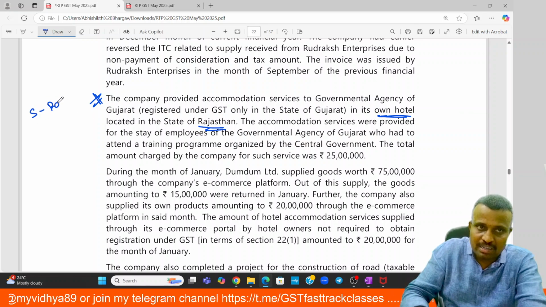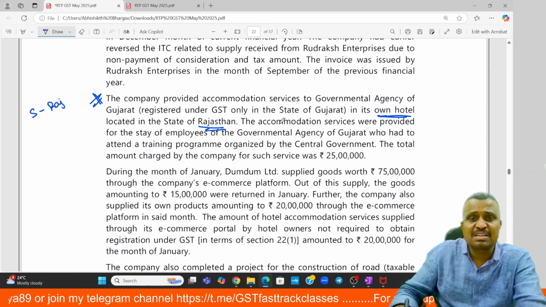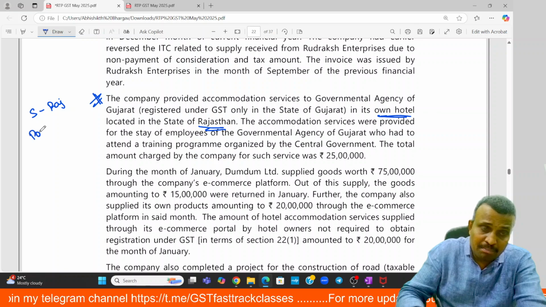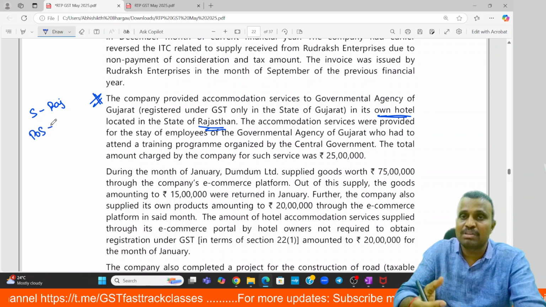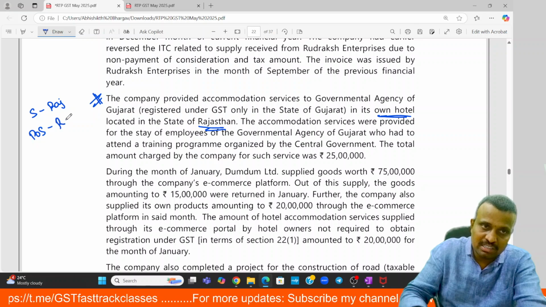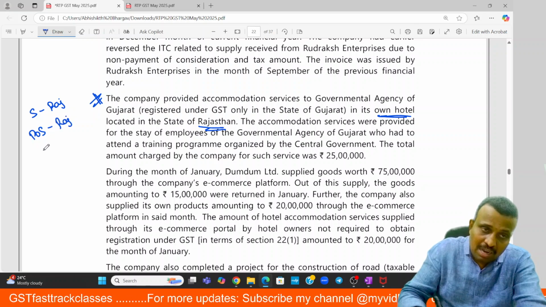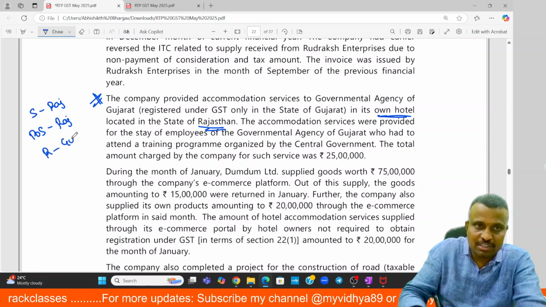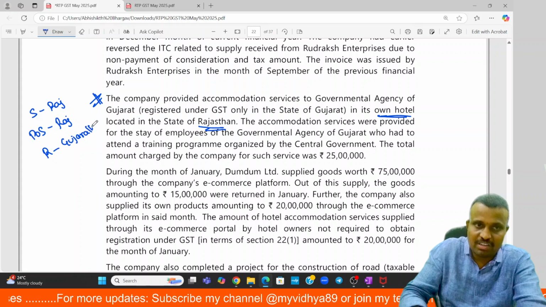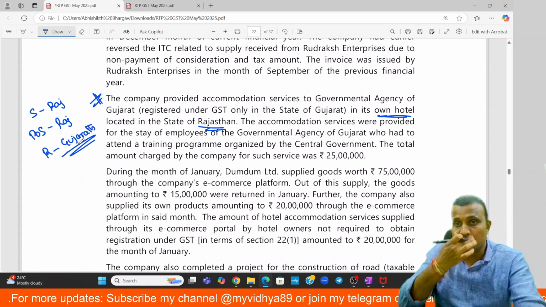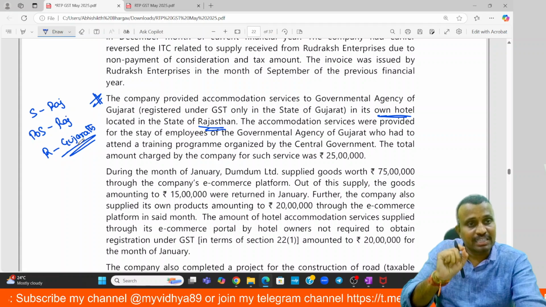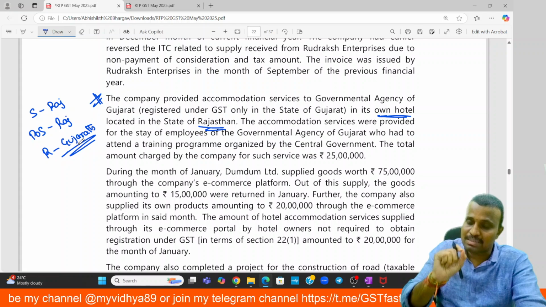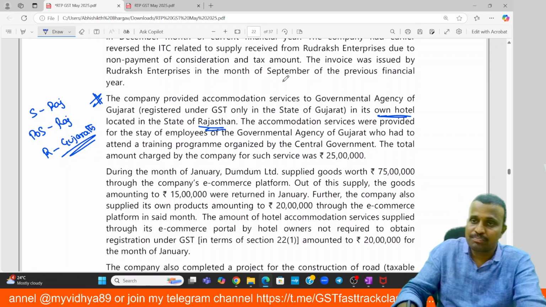So the supplier is in Rajasthan, and the place of supply relating to hotel services is where the services have been provided, that is Rajasthan. And the recipient is in Gujarat.